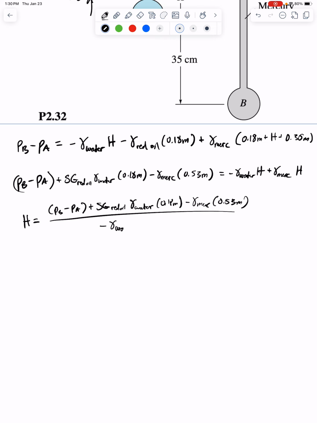Divided by negative specific weight of water plus specific weight of mercury. Let me substitute these values in.